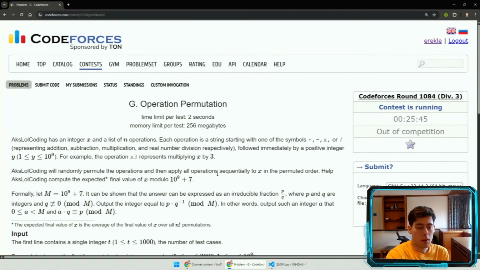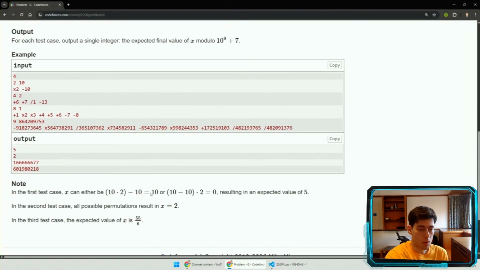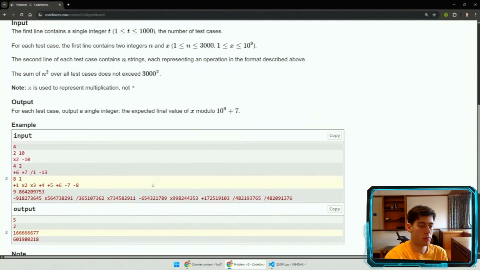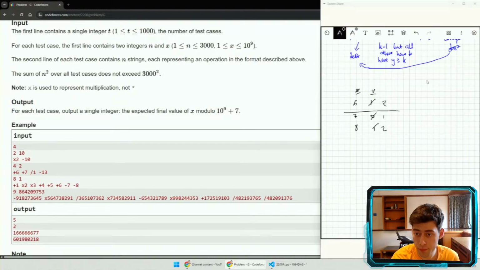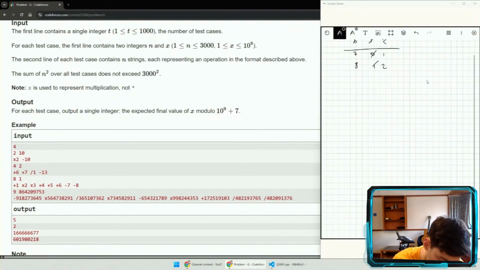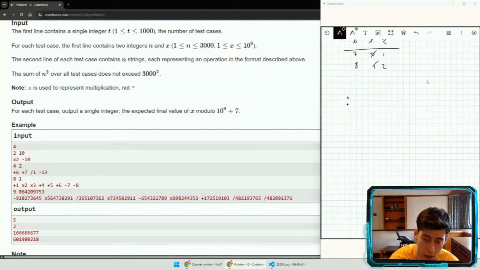So we're taking a uniformly random permutation, right? Yeah. So the main thing is we have a bunch of multiplications and a bunch of additions. I mean, we can think of everything as a multiplication or addition, and we've got either a negative number or a positive number or a fraction.